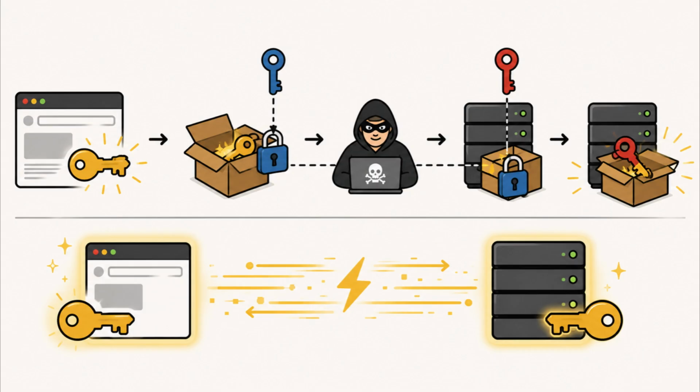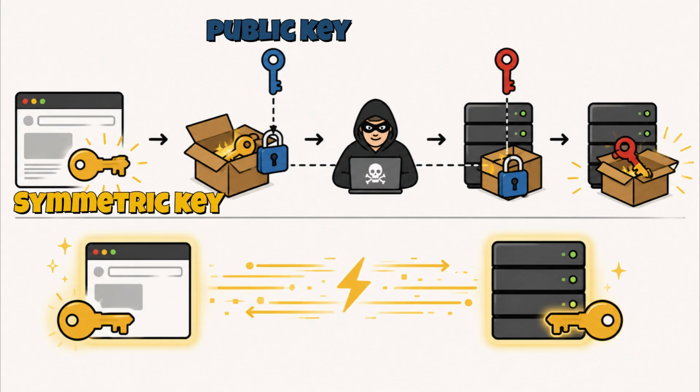And this is exactly what happens behind the scenes when you visit a secure website like Amazon or your bank. When you type in HTTPS and your website name, your browser reaches out to the server of your website. The server says, hey, here's my public key, that open padlock we talked about. Your browser does not send your password yet. Instead, your browser generates a brand new, super fast symmetric key, the AES one.